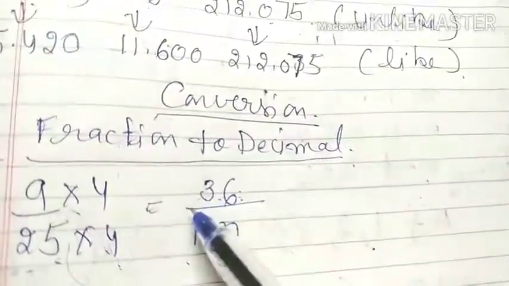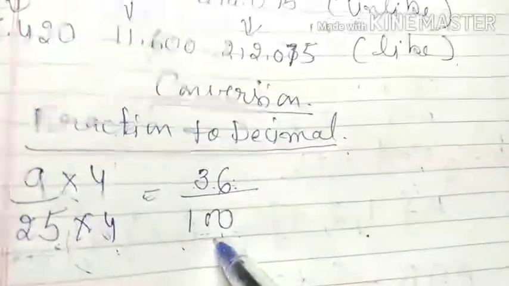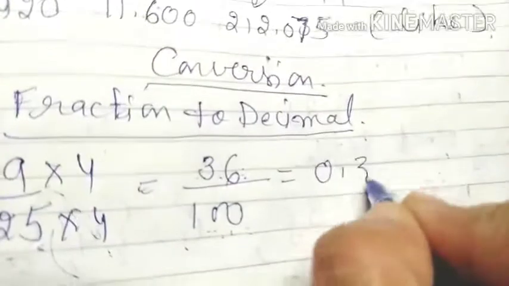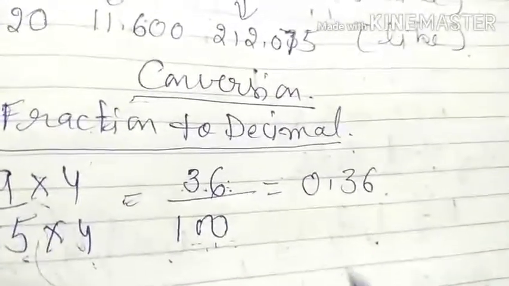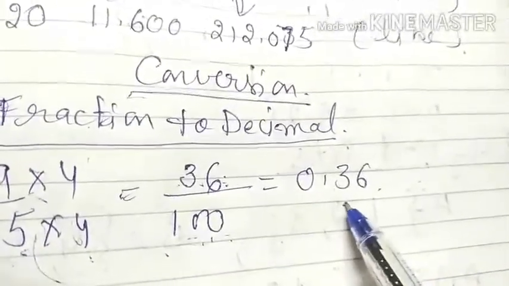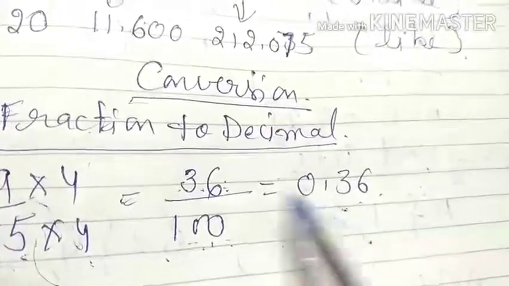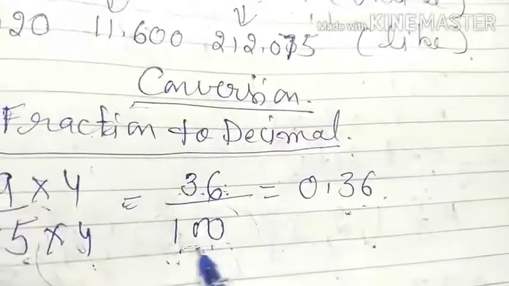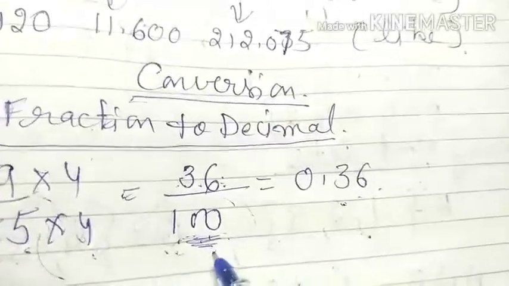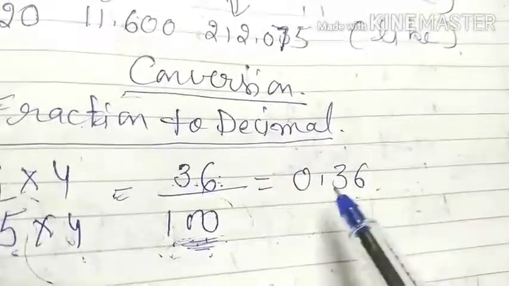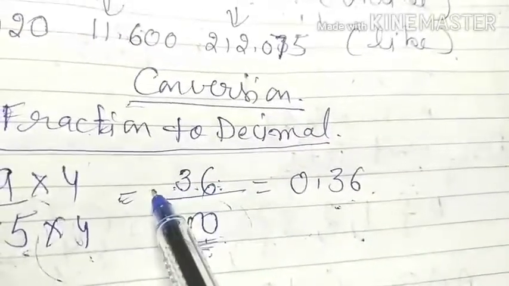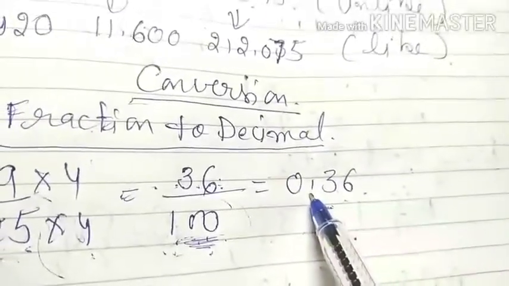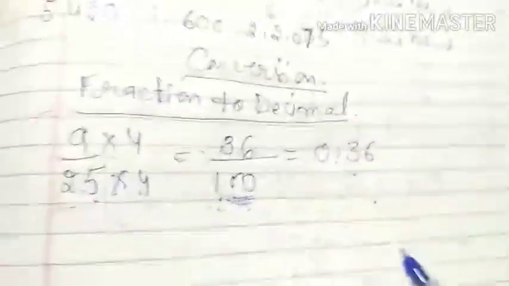Like here, 36 by 100 I write as 0.36. 36, 2 places from the right, because the denominator is 100 and after 1 there are 2 zeros. If 2 zeros are there, then you have to count 2 places from the right and mark the decimal. So that gives me the answer 0.36.